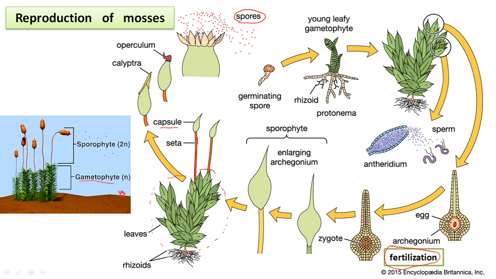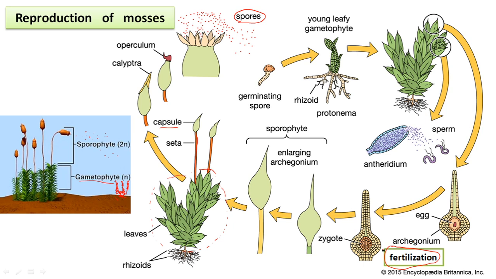Okay, which is called the gametophyte. So a new moss is going to be produced. And then the cycle starts again. These gametophytes have the sexual organs and produce the gametes.